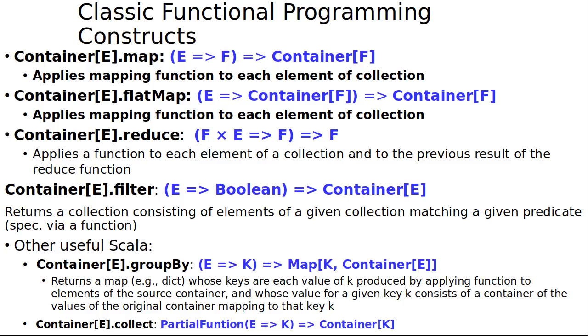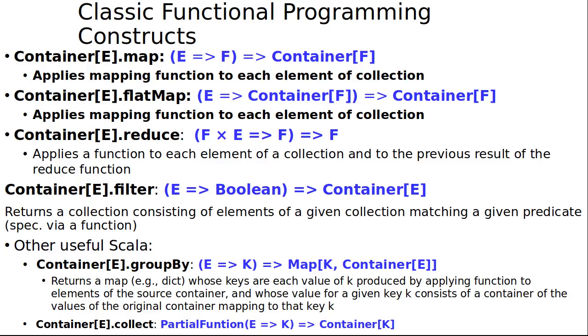One of the ways is that while it does produce a container of sorts, something that contains values, it's a very special type of container. It's a map. It's a dictionary. What we're passing in here is something that maps elements of the original collection, to which we're applying groupBy, to keys.